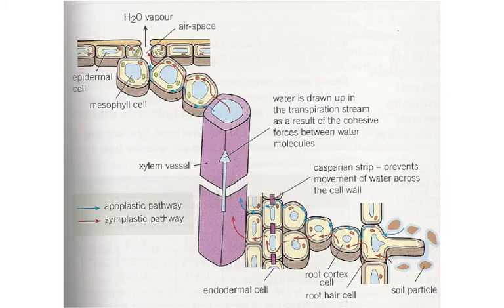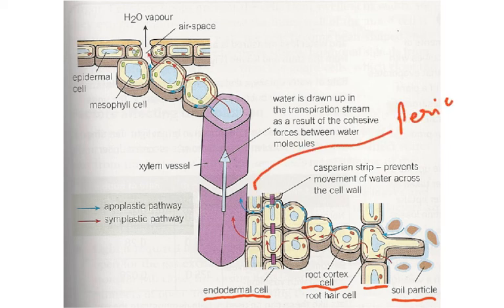Now coming to the uptake of water by the root hair cells. You can see here the soil particles, and in between the soil particles are the water molecules. Now please understand this: this is the epidermis, root hair cells, then we have the root cortex cells, and then this is the endodermis, and then this would be the pericycle, and then of course we've got the xylem vessel.